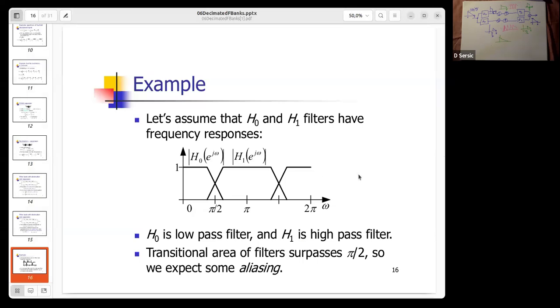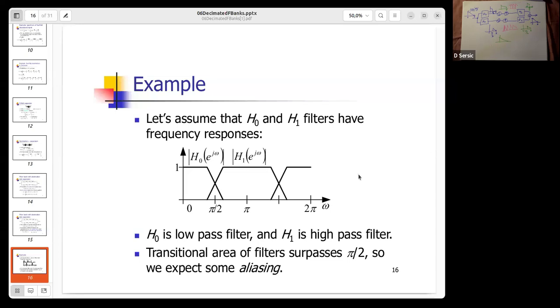So let us assume for the moment that we have some real filters. They are not ideal, but let H0 be some real low-pass filter, so its frequency response can be depicted like on this page. And the high-pass filter, some real one, can look like this.